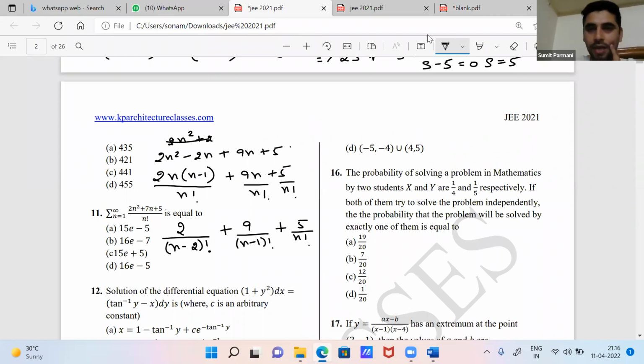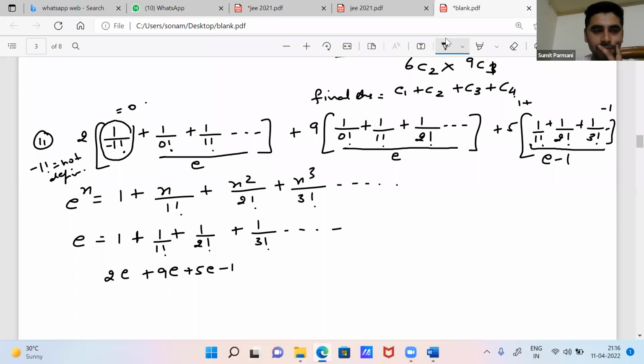I made some mistake in some calculation. This is correct. Not defined, 0.